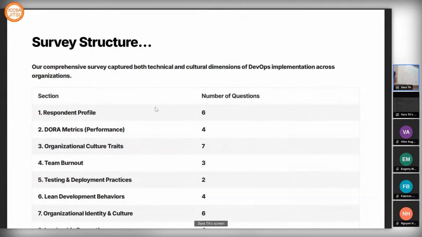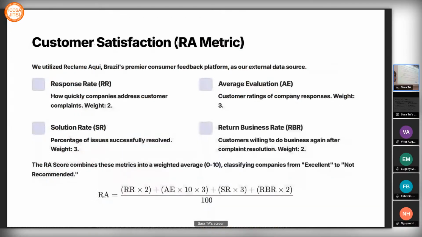Our survey has a total of 36 different questions across 8 different points of view, trying to measure DevOps metrics, organizational culture traits, and team burnout. There are specific questions about how to measure, for example, burnout. It's a self-reported questionnaire, of course, which is a limitation. Then we have customer satisfaction.